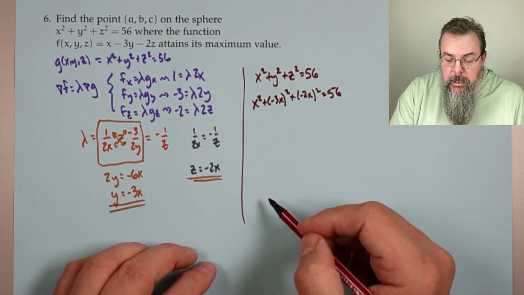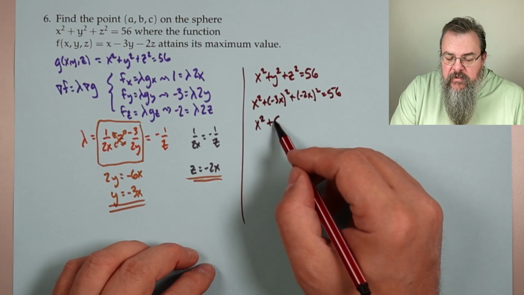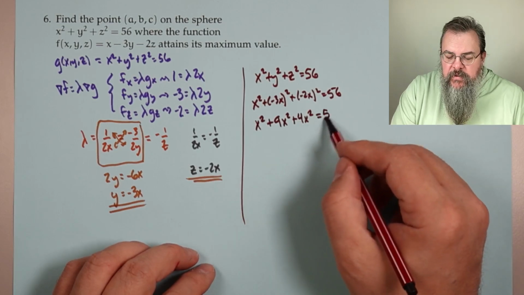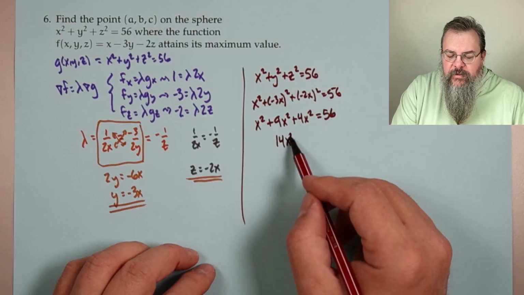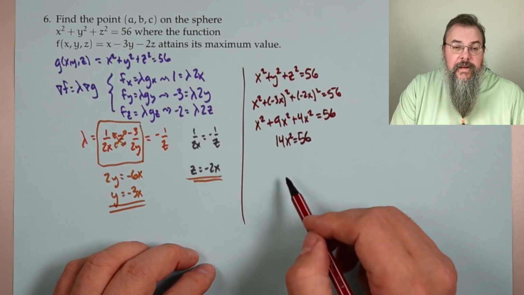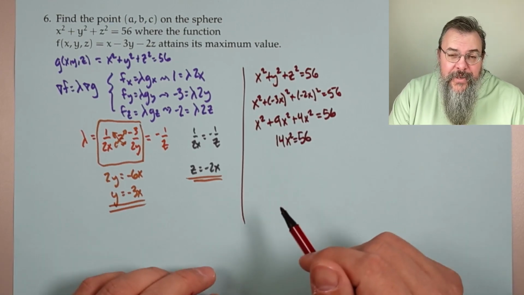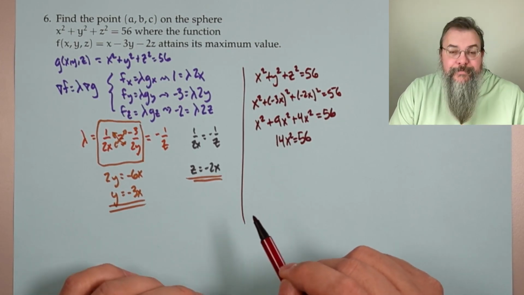Okay, that would be x squared plus 9x squared plus 4x squared equals 56. And here you add those together. That's 14x squared equals 56. And divide by 14. Turns out 56 is divisible by 14. Almost as if someone had planned it.